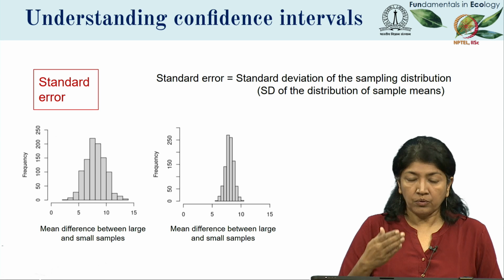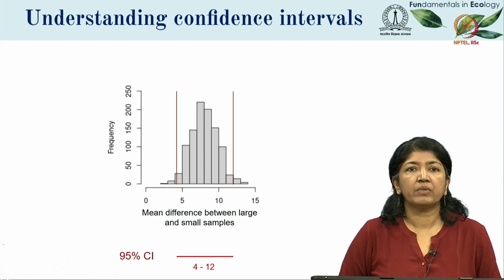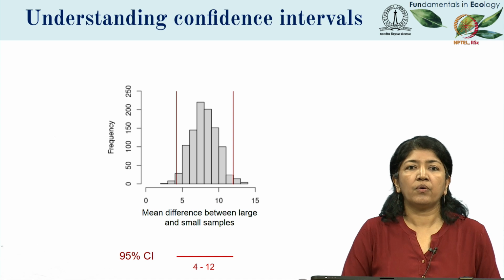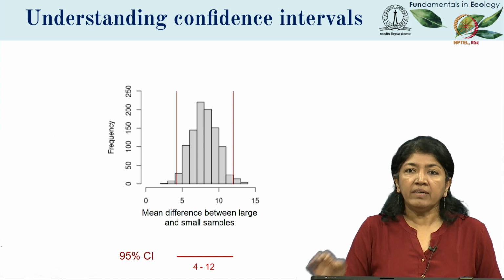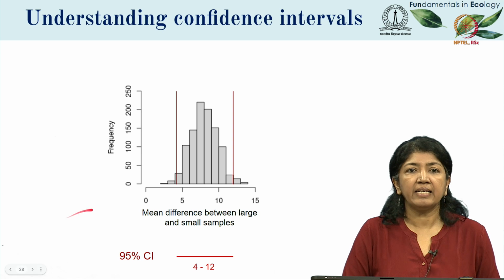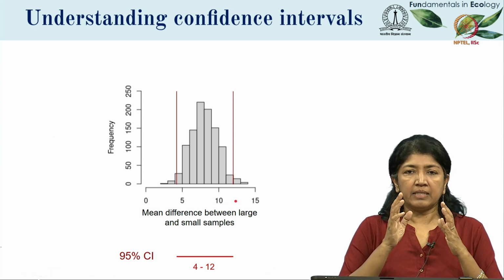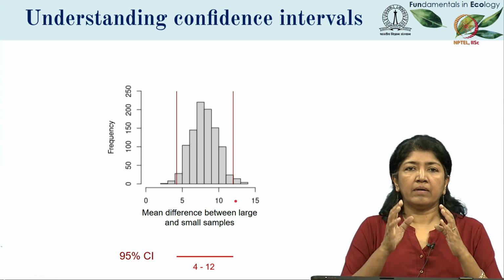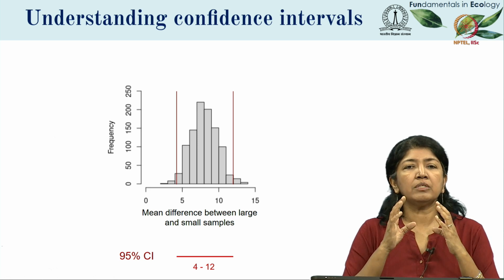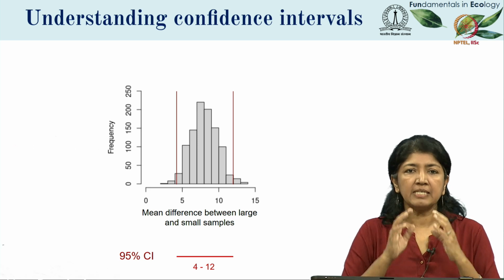Now, we can use the same concept to calculate the confidence interval. So, given the level of confidence you are interested in, you can then calculate the range of values, the interval that captures the central specified proportion of the distribution of your sample means.